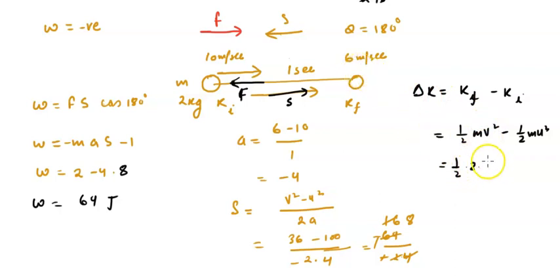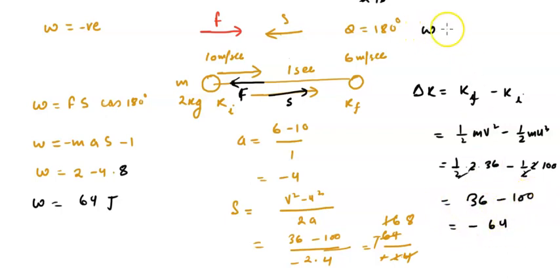V is final, 6, so it will be 36, and half m is 2 into 100, because 10 square is 100. We can cut down the half. Again it is 36 minus 100, so it is coming minus 64. So we can say the change in kinetic energy is actually negative. That means the velocity will decrease.